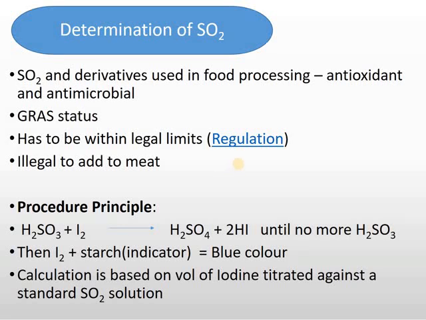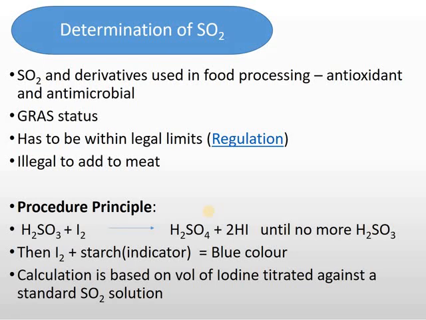acid, and then titrate it against your iodine until all that sulfurous acid is no more to produce your sulfuric acid. It's a titration method whereby we use starch indicator, whereby when the color changes blue, then you already see that all the iodine has been consumed.